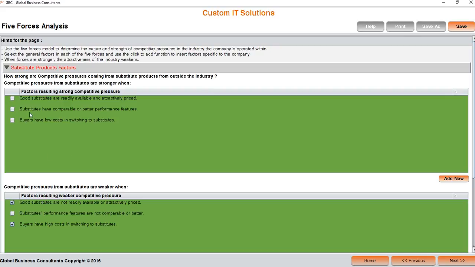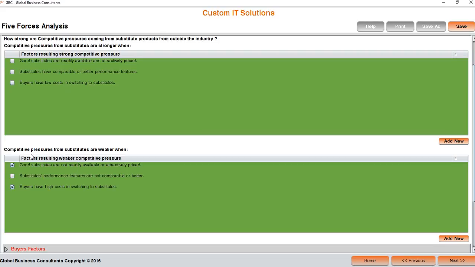I've already been through this, and I've selected factors relevant to my company, custom IT solutions. In the spirit of time, I'm just going to skim through these and say that there aren't many substitute products in the market that can rival custom IT solutions at the moment. So I'm just going to leave them blank.